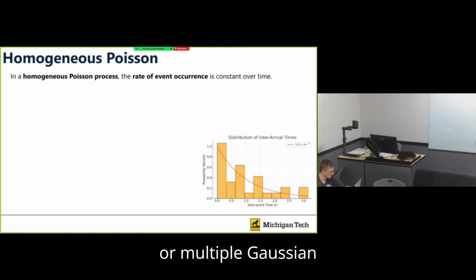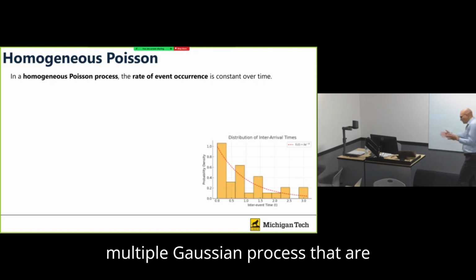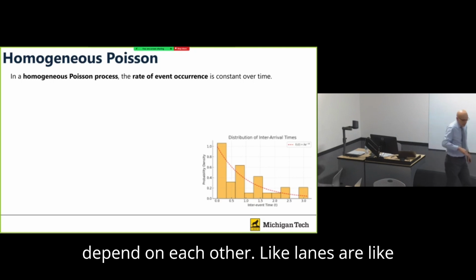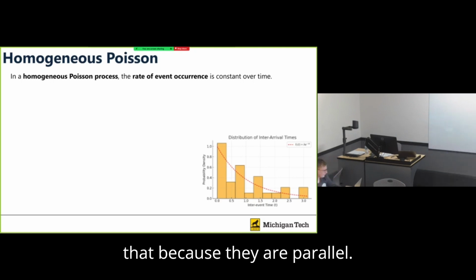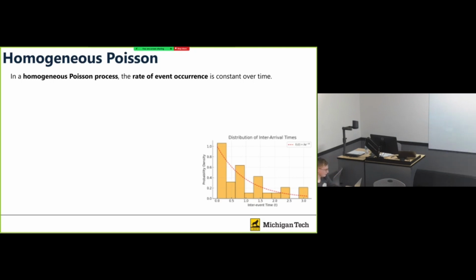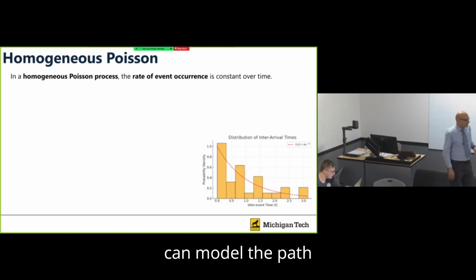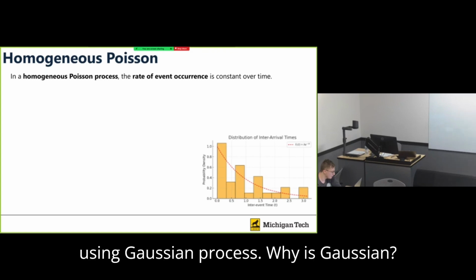You can have multiple Gaussian processes that depend on each other. Lanes are like that because they are parallel. We have that as well. For robotics, you can model the path using Gaussian process.